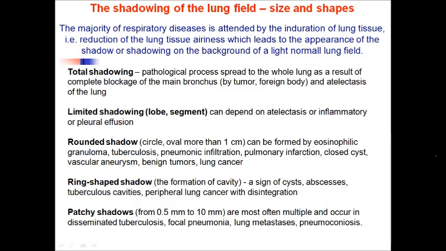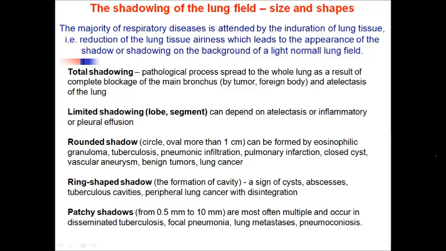Total shadowing affects the whole lung as a result of complete blockage of the main bronchus by a tumor or foreign body and atelectasis of the whole lung. Limited shadow of a lobe or segments or several segments can depend on atelectasis, inflammation, or pleural effusion.